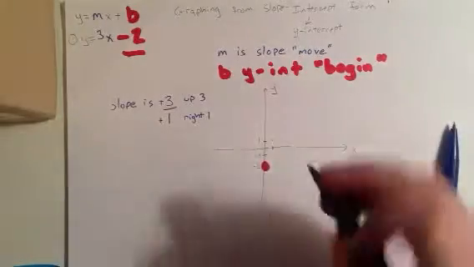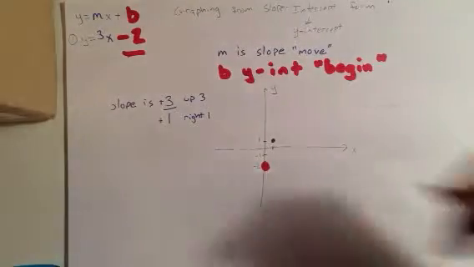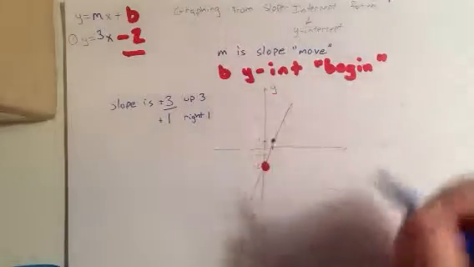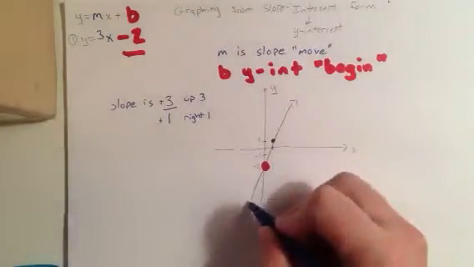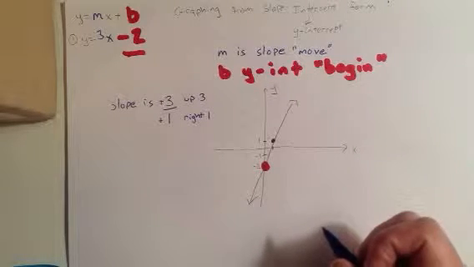There's my second point, so I'll plot it in blue because I got it from the slope. And then we connect, drawing a line that goes through the 2 points. It should be straight, with arrows on the ends to indicate that it keeps going. And now I've plotted that line.